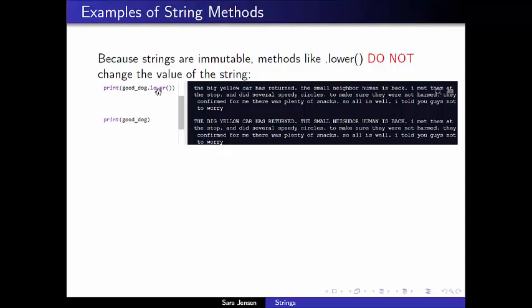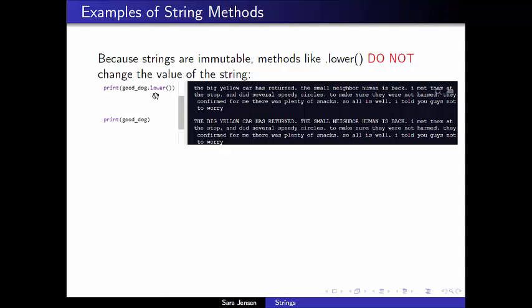All other values that occur in the string, like spaces and punctuation and numerical values, will stay precisely as they are, but any uppercase letter will be converted to a lowercase letter. So when we ask Python to print the good dog string with the .lower method applied to it, we see the output on the top right over here.